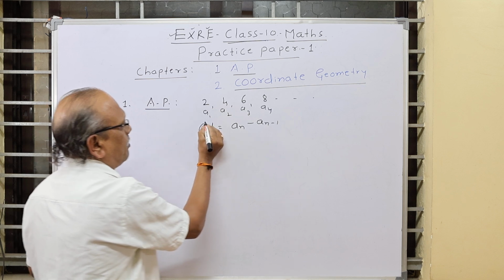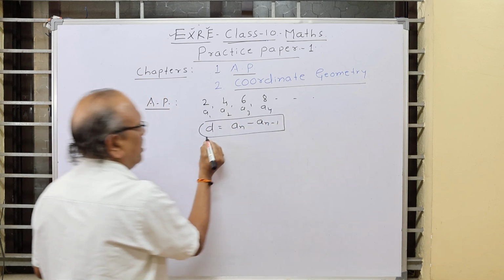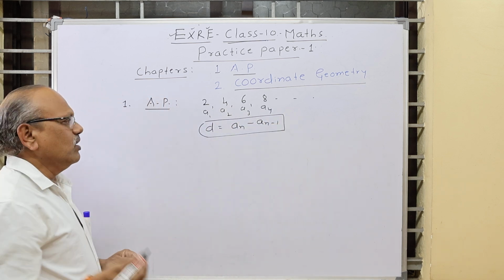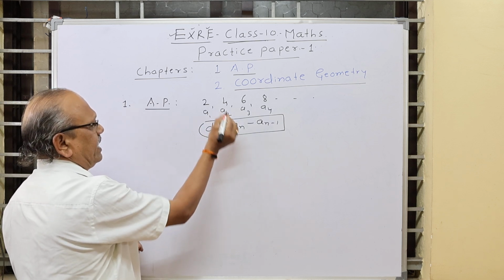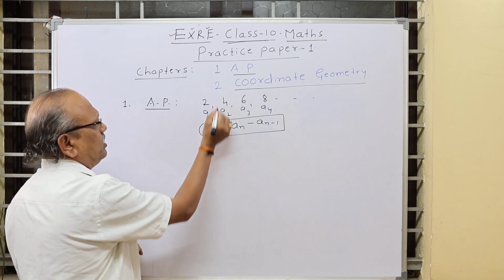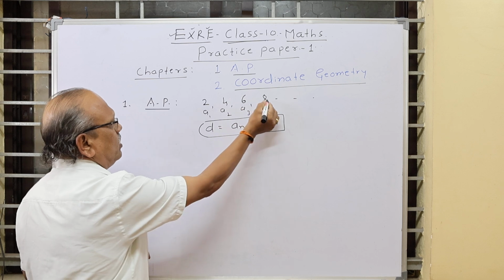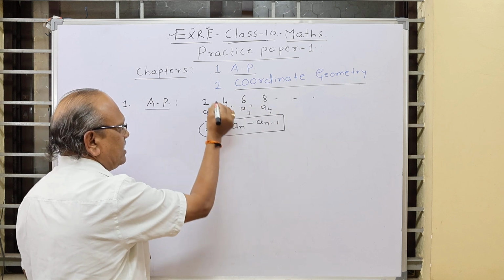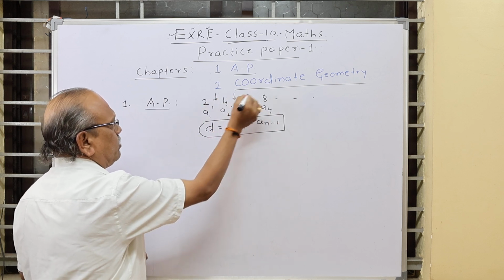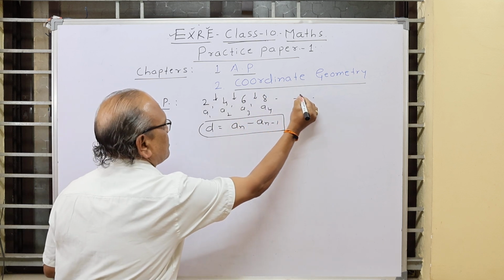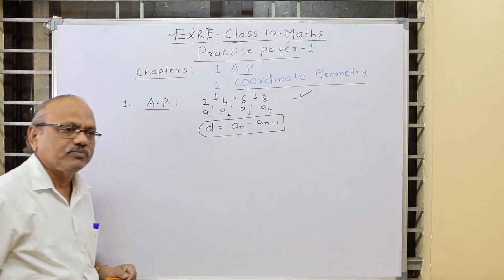Any term minus its previous term gives you the common difference. You can take A2 minus A1: 4 minus 2 is 2, 6 minus 4 is 2, 8 minus 6 is 2. As the difference between any two consecutive terms is constant, this sequence represents an AP.